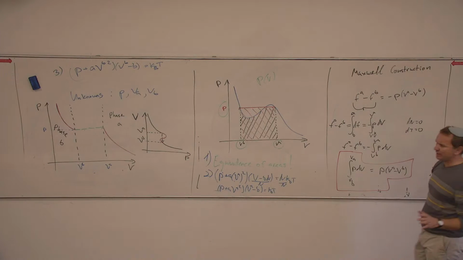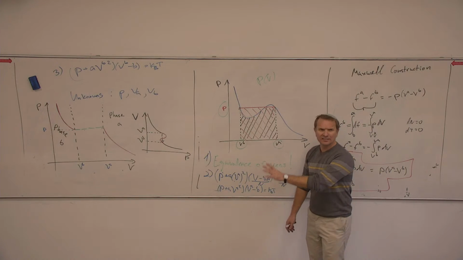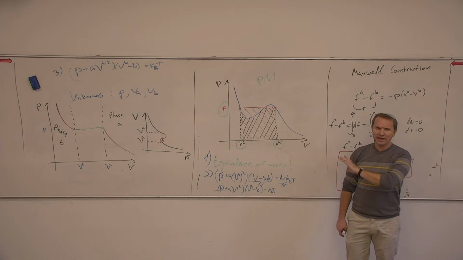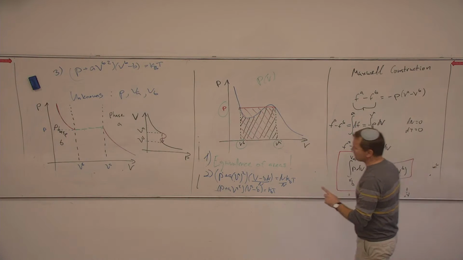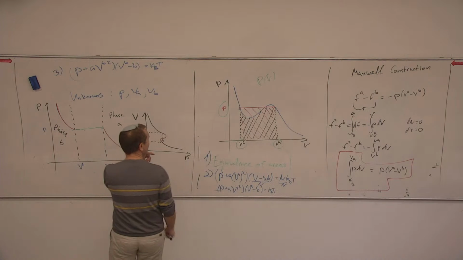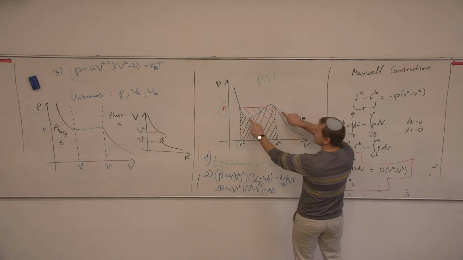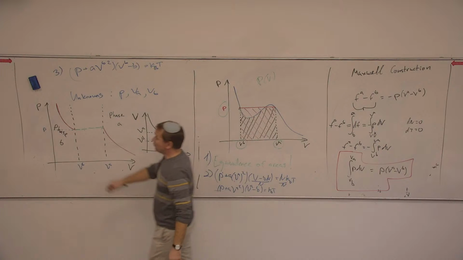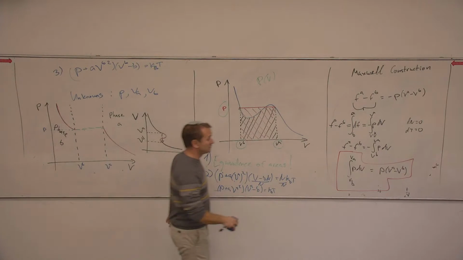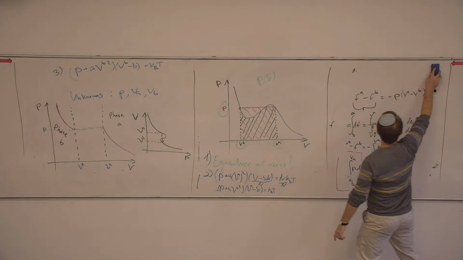Now, let's assume that I solved it exactly, and it can be solved exactly, for any temperature that you would like. Okay. Now, remember that the van der Waals equation does not always look like this. Okay. For high enough temperatures, it is perfectly fine.